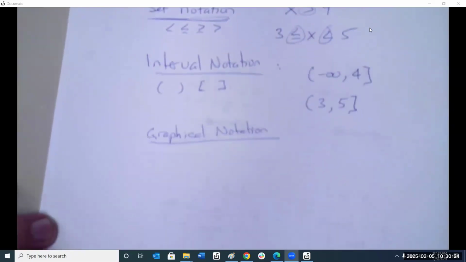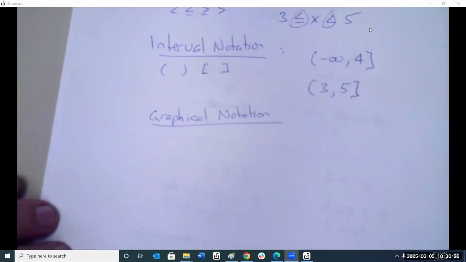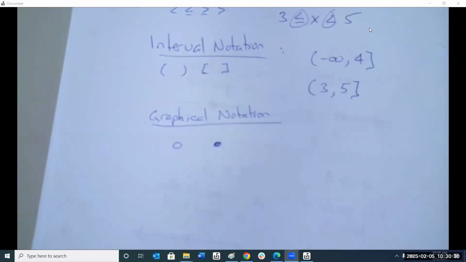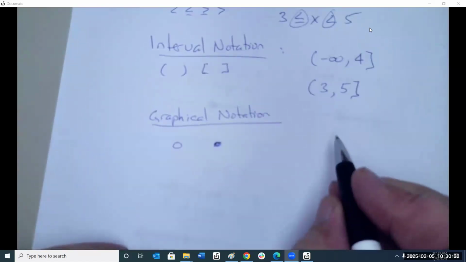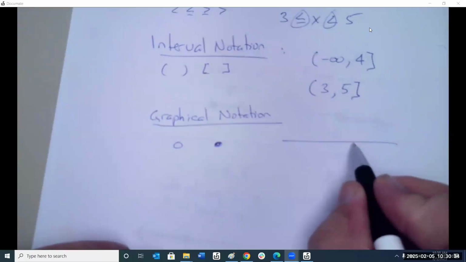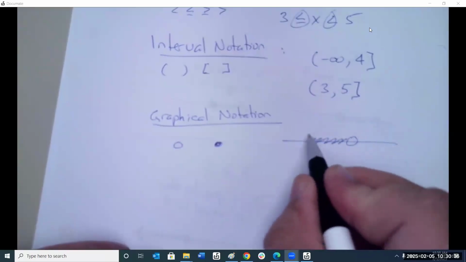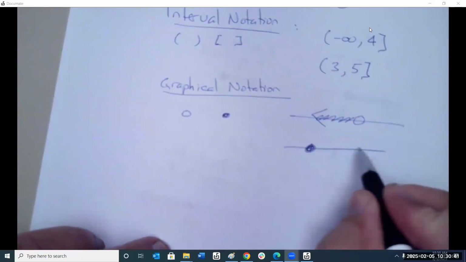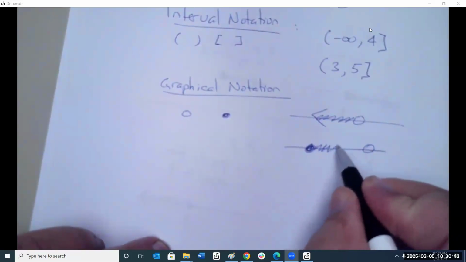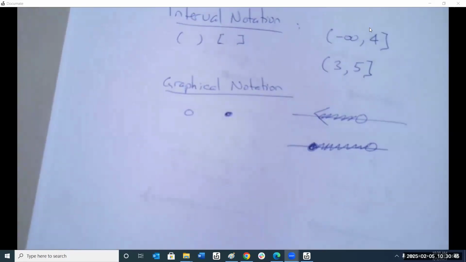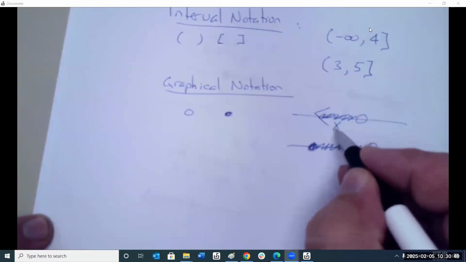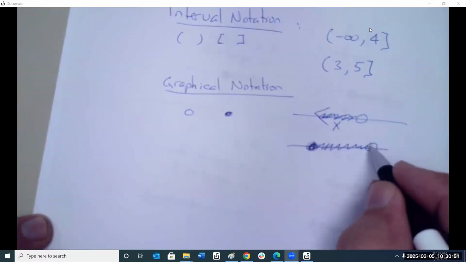The last one is graphical notation. Here's where you use open or closed circles, and you shade the region. Whatever is shaded, that represents where your X values are.